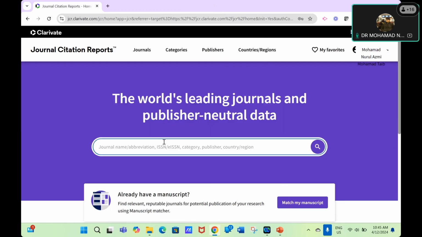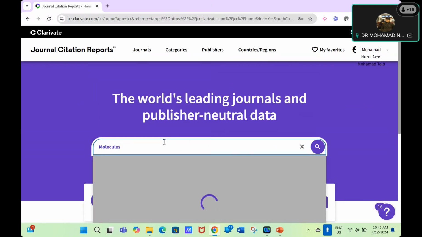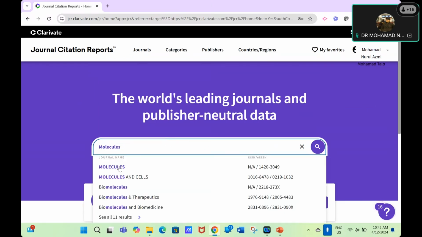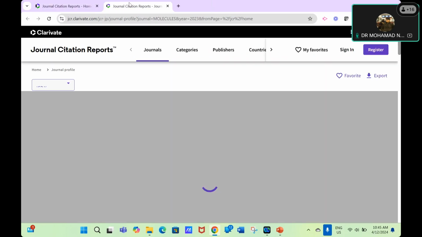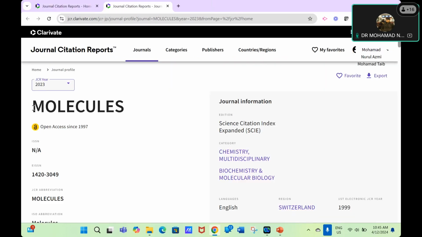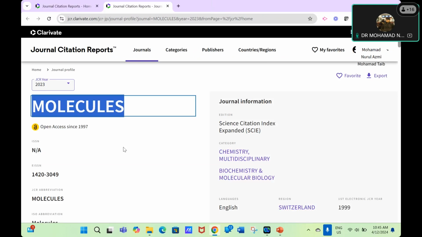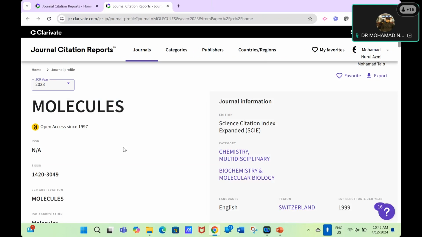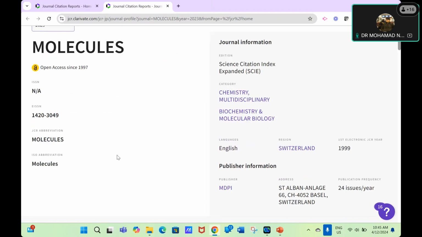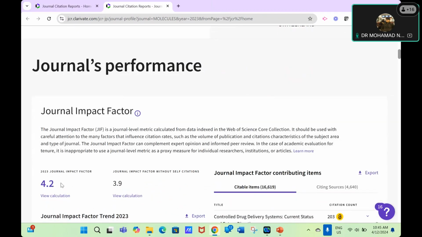Okay, so for example, I want to publish in Molecules in MDPI. So type Molecules. Click here, it will pop up in a new window. This is the journal, named Molecules. We want to know the Q number, Q1, Q2, Q3, the quartile numbers. The impact factor is 4.2, which is good, for example.